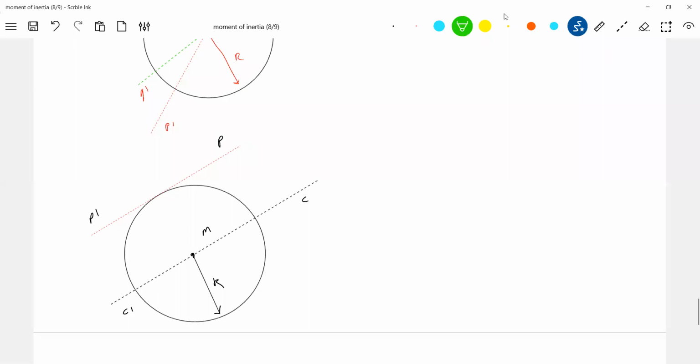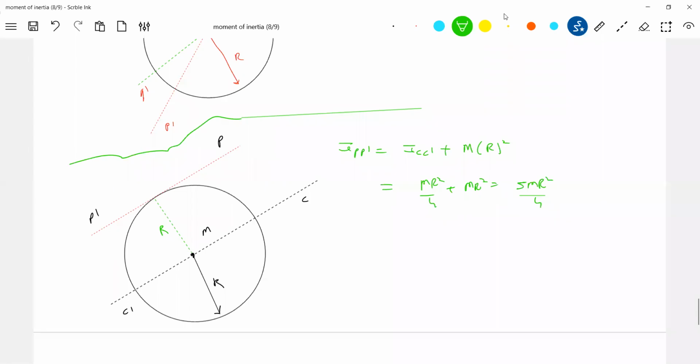Is this a perpendicular distance? Yes, definitely this is a perpendicular distance. So what is the moment of inertia about PP dash now? It's a different problem. IPP dash is equal to ICC dash plus M into the perpendicular distance r square. What is ICC dash? Mr square by 4. That is the moment of inertia of the disk here.